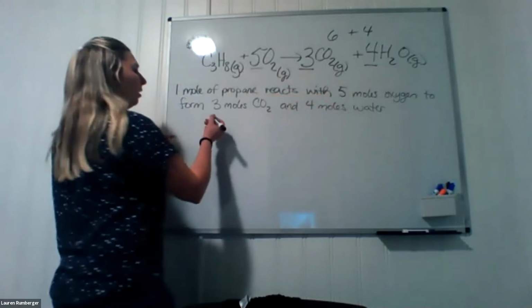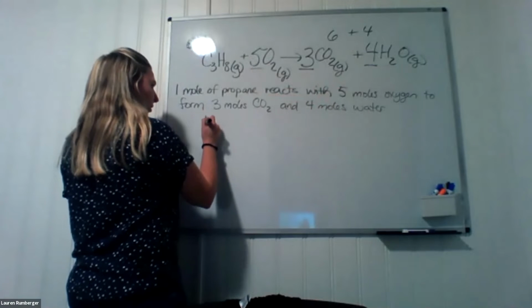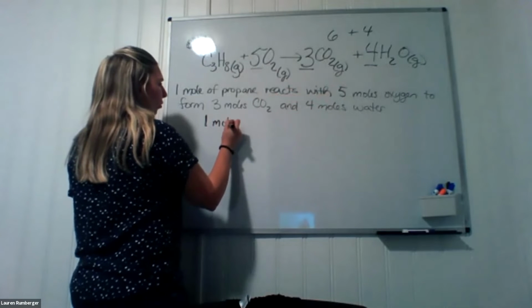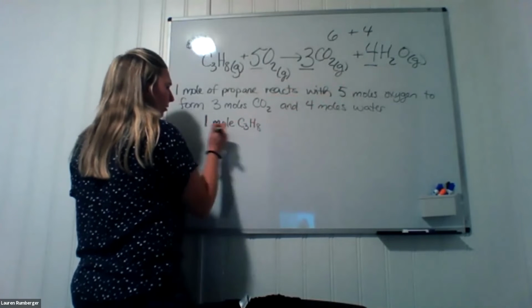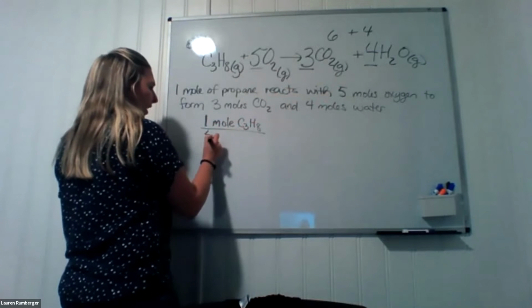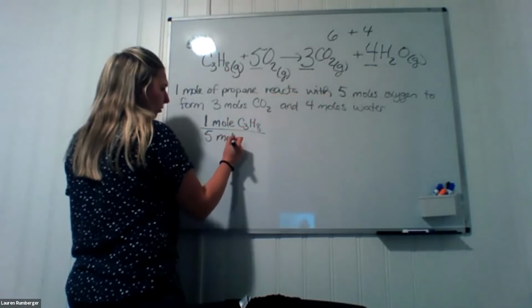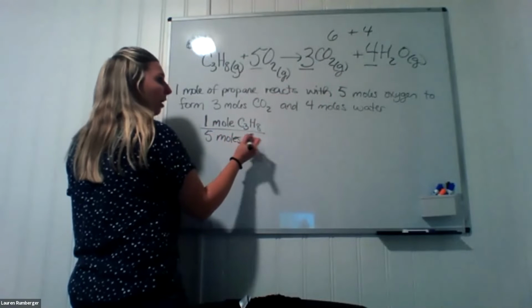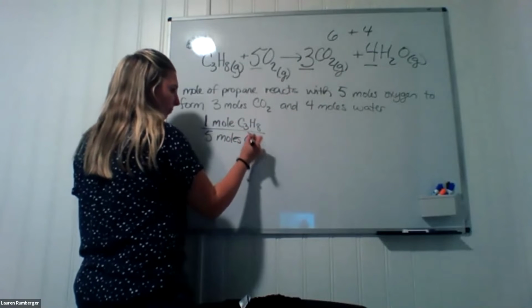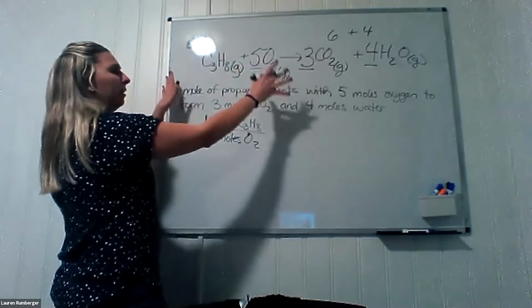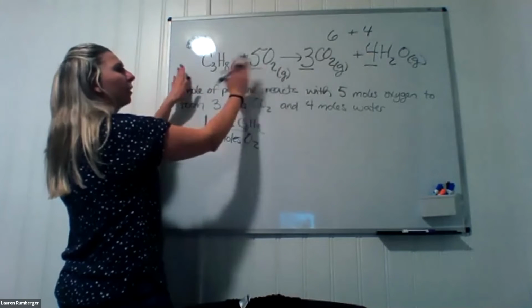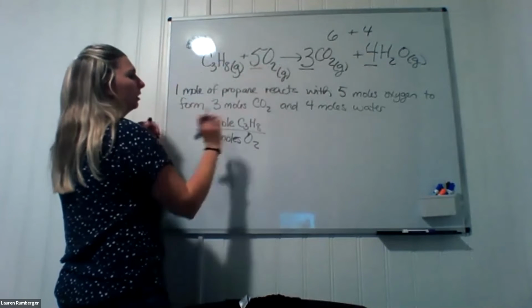So we can say 1 mole of C3H8 per 5 moles of oxygen, okay? That's the relationship in the chemical equation for the amounts that react with each other.